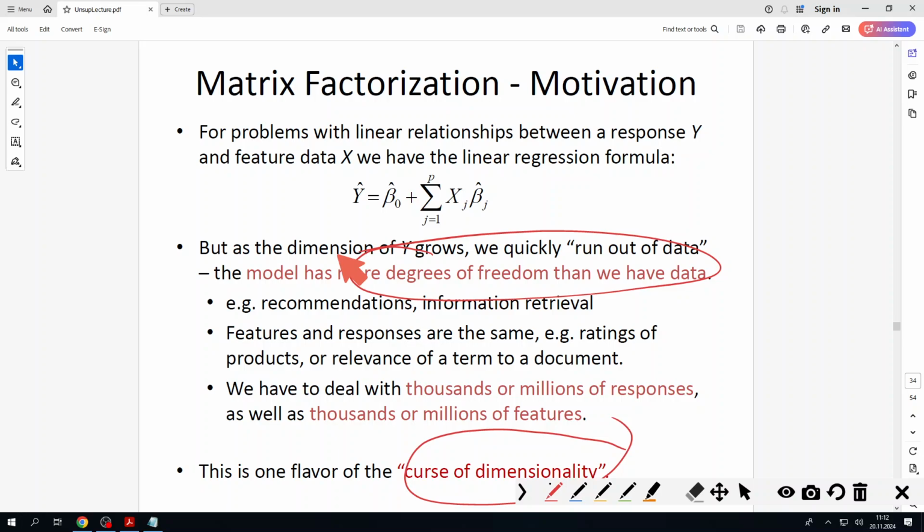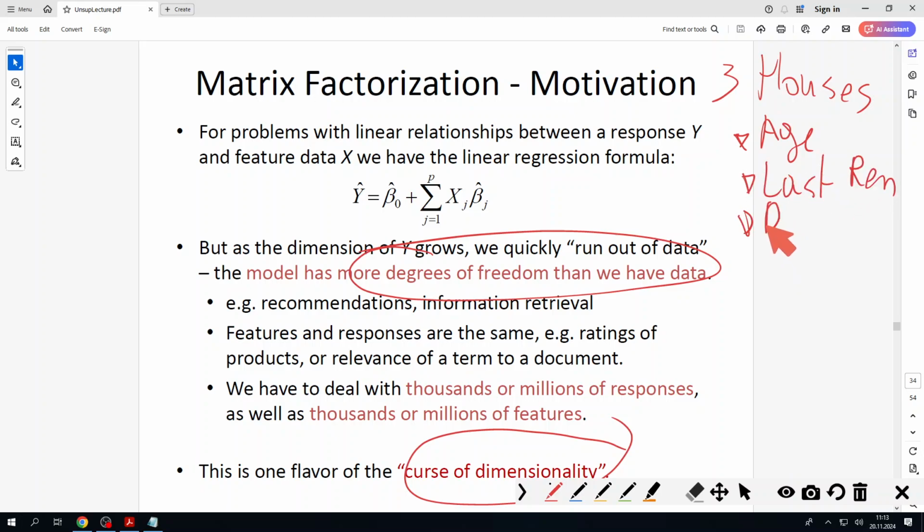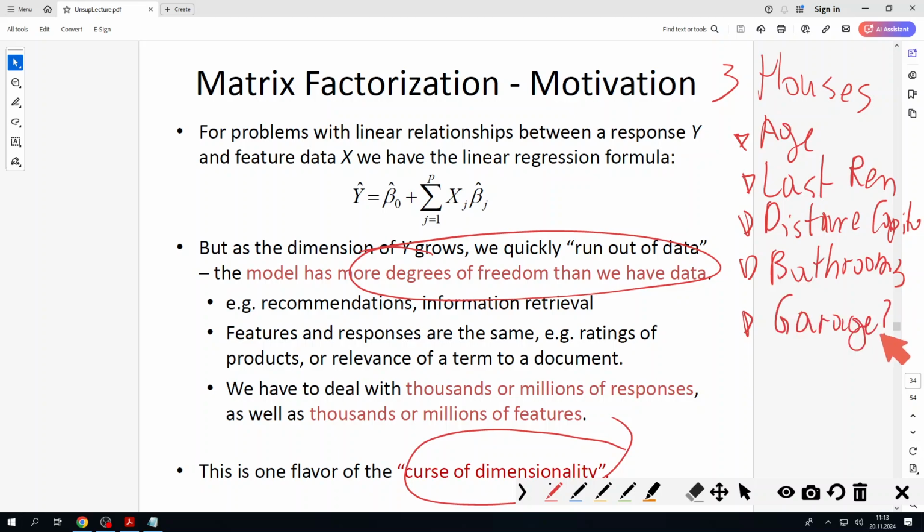Just like, let's say, you try to sell 3 different houses, with a certain list of parameters like age, last renovation, distance from the capital, how many bathrooms it has, does it have a garage, what is the size, and so on.